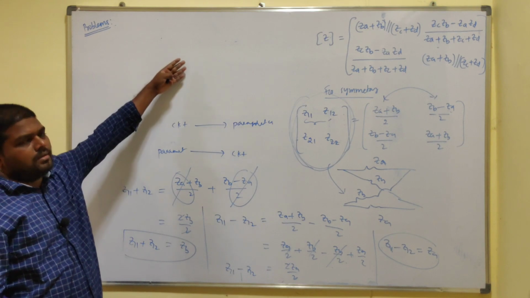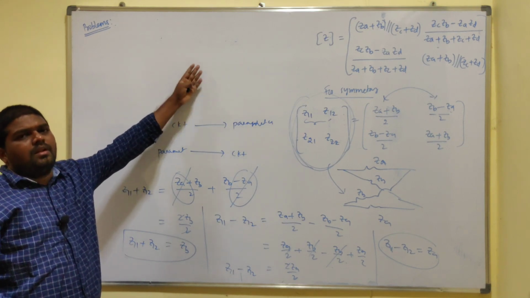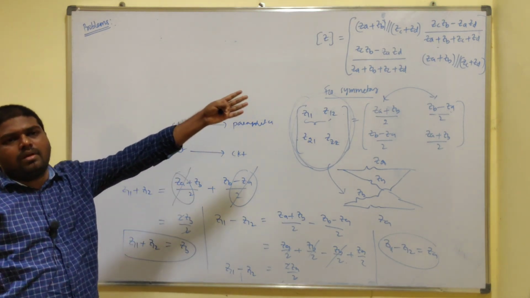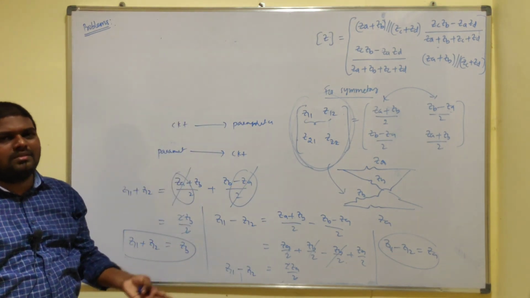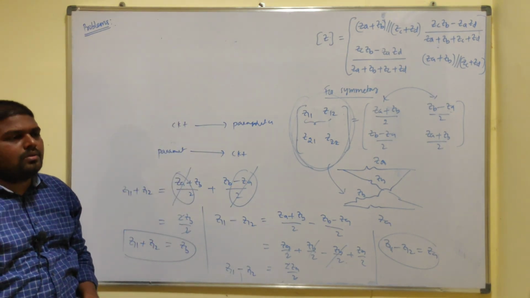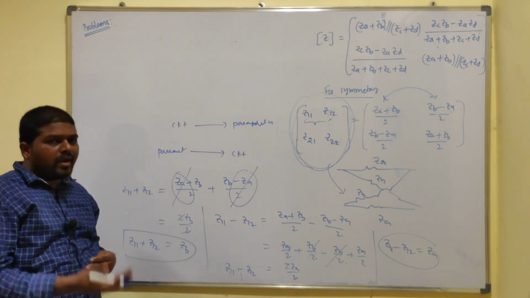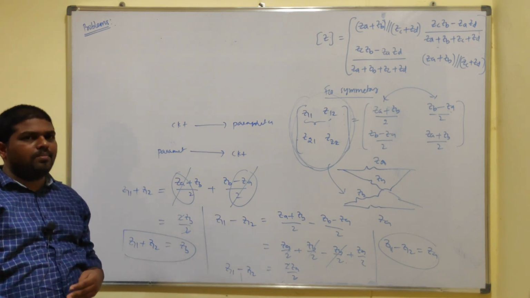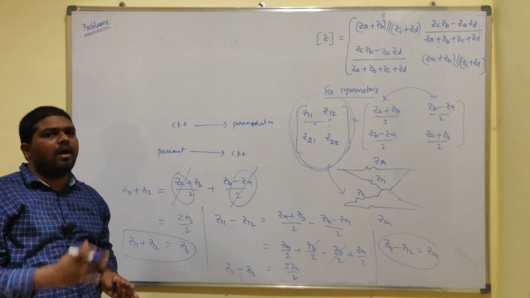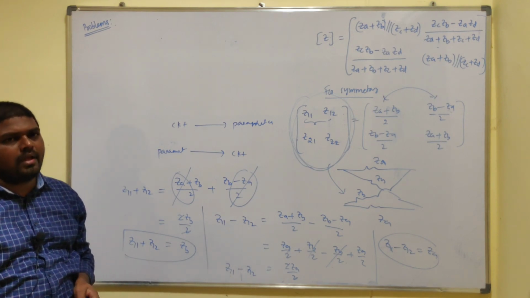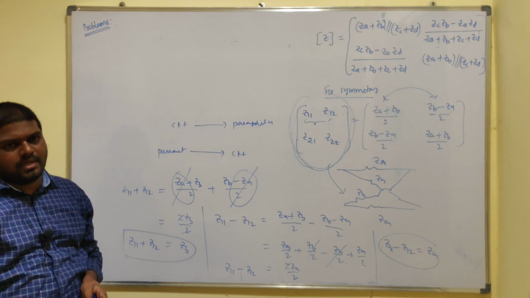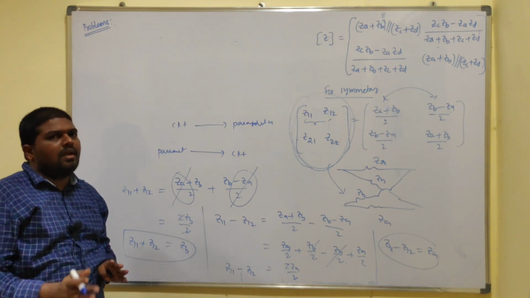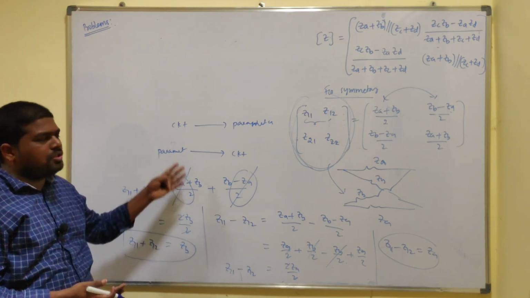They will provide a certain network, and for that network they may ask for z parameters or y parameters or h parameters. Or they may provide z parameters or h parameters directly and ask about the circuit design. In two ways they may frame the questions, right?